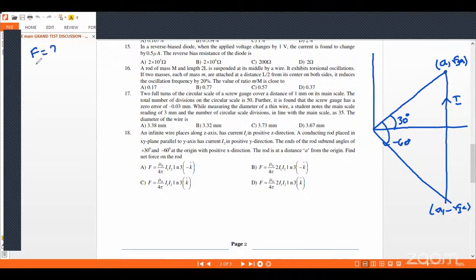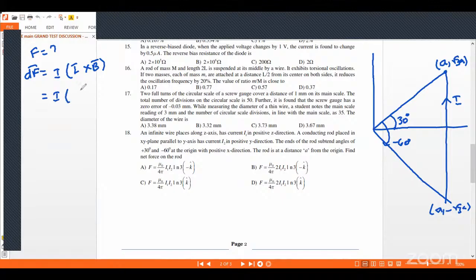Force means, let us consider dF equal to BIL sin theta, that is, I times L cross B. The current is along j cap, and the magnetic field is along minus i cap.